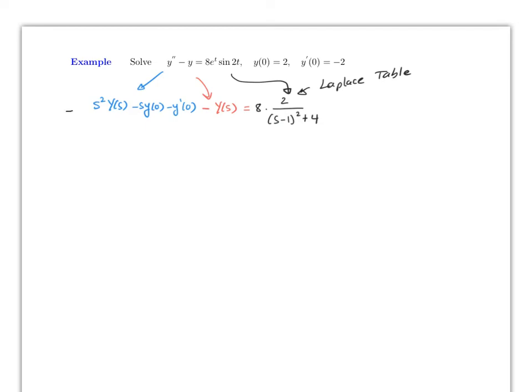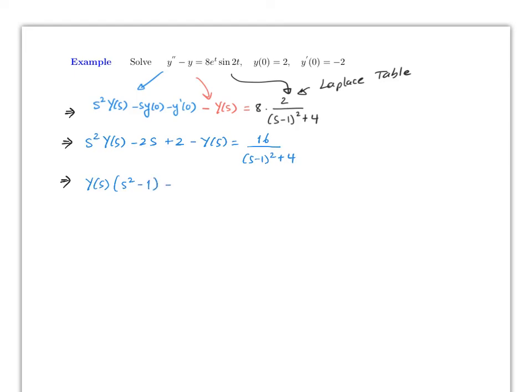Now, if we plug in the initial conditions, we will have s squared capital Y of s minus 2s plus 2 minus capital Y of s equals 16 over s minus 1 squared plus 4. Now, if we factor the Y of s, we will end up with this. Capital Y of s times s squared minus 1.